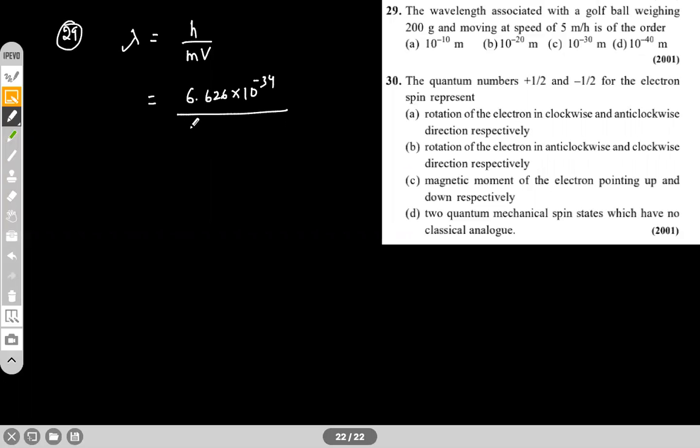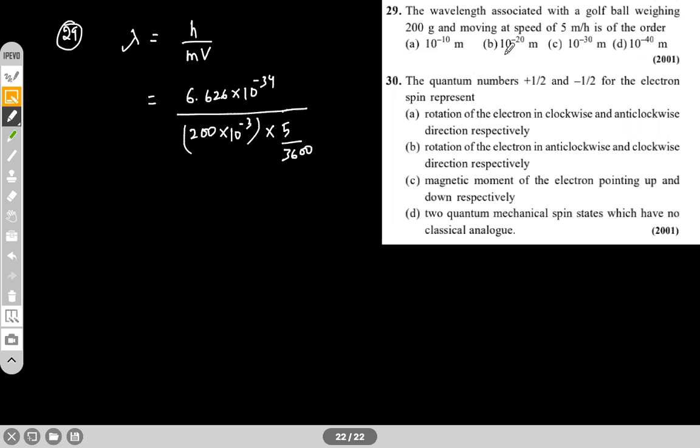Sorry, it is in gram, so we have to convert this into kg, the SI unit, because h is in joule seconds. So 10 to the power minus 3 kg into velocity, which is 5 meter per hour. We have to convert this hour into seconds, so divided by 3600.